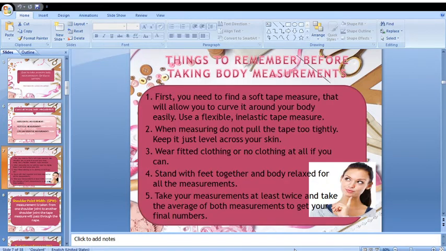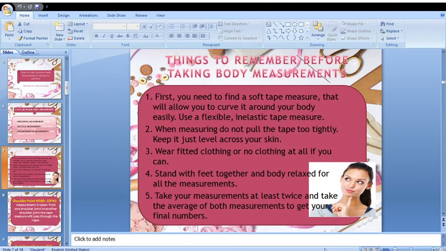So, of course, there are things to remember before taking the body measurement. First, you need to find a soft tape measure that will allow you to curve around your body. And then, do not pull the tape measure too tightly.